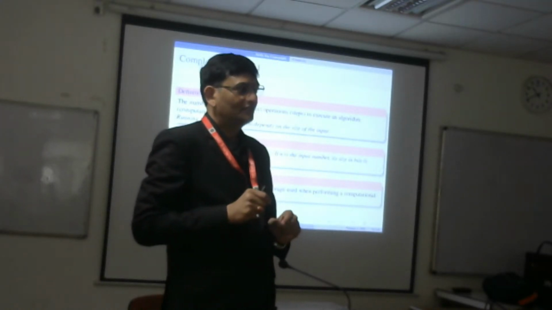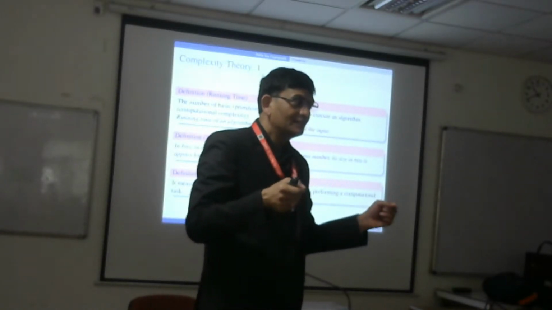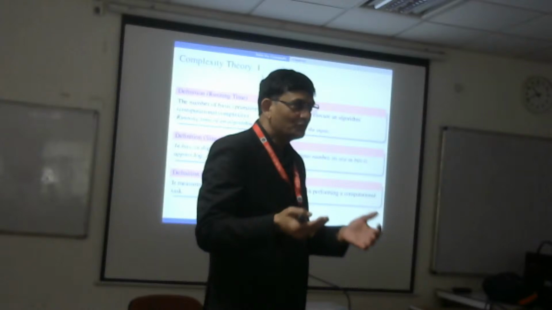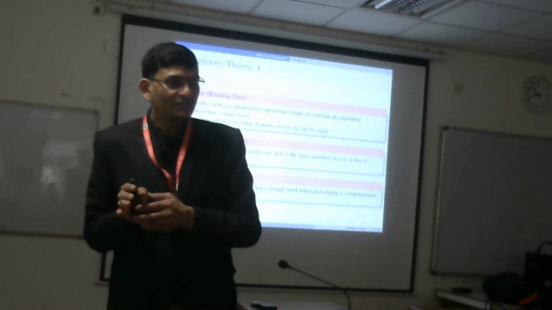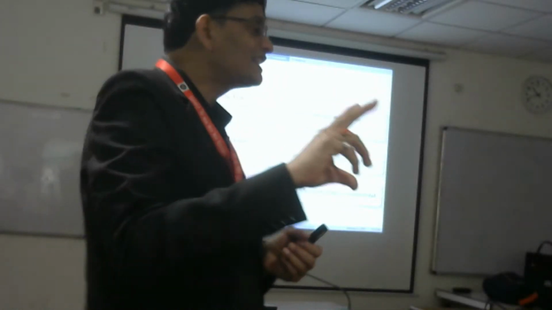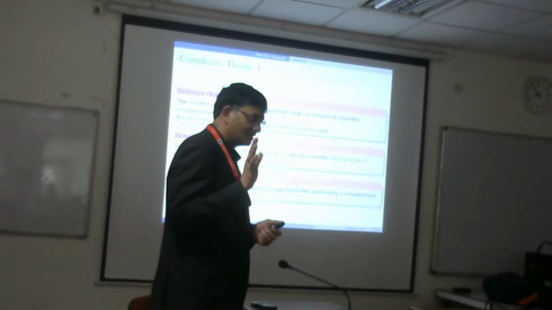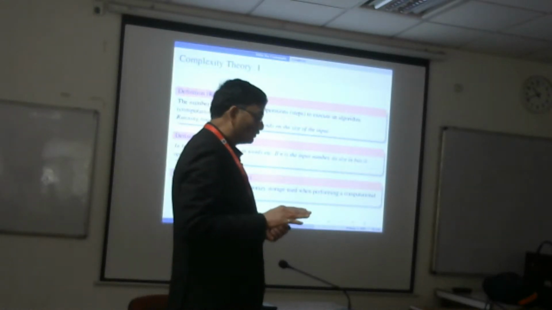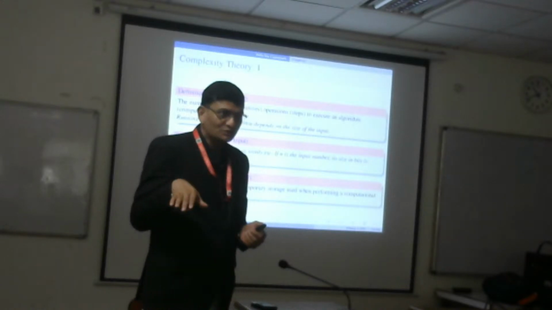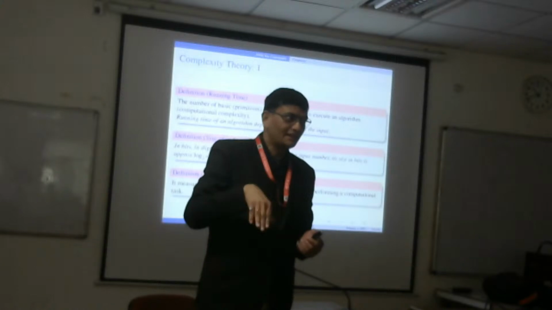How many multiplications are required? 4 into 4, 16. So 16 multiplications are required. That is basically the school algorithm. We have a very good algorithm in the literature, the Karatsuba algorithm, that reduces the complexity.